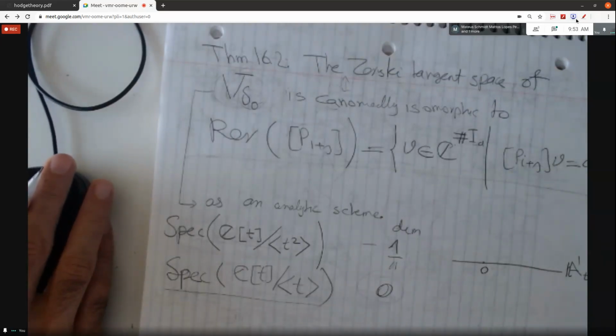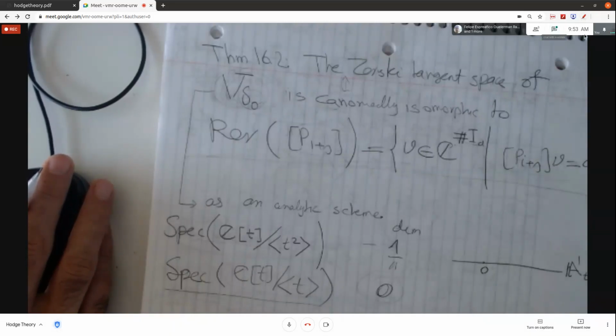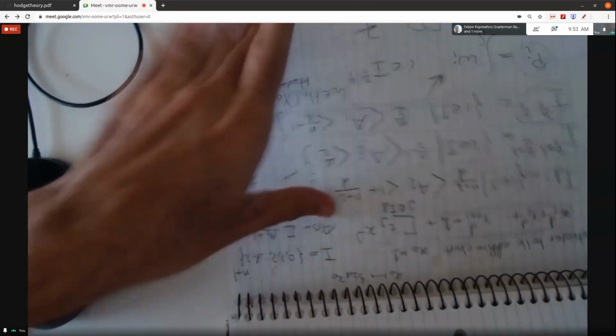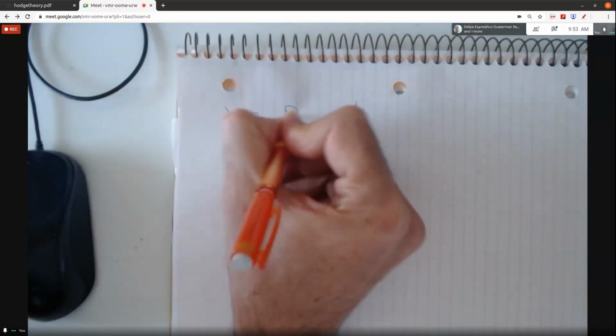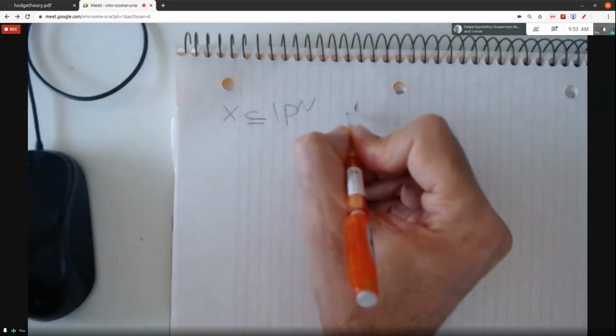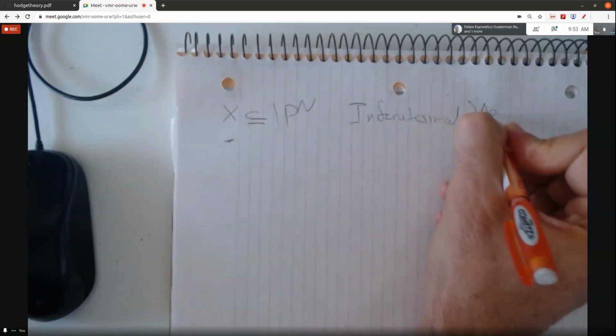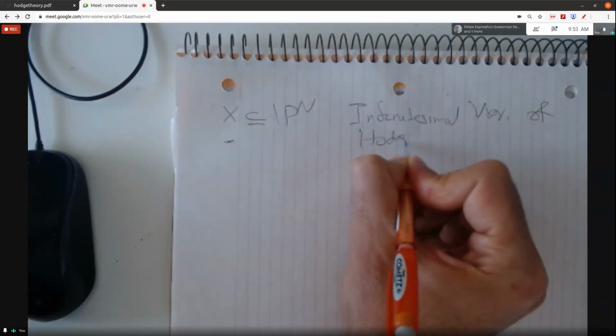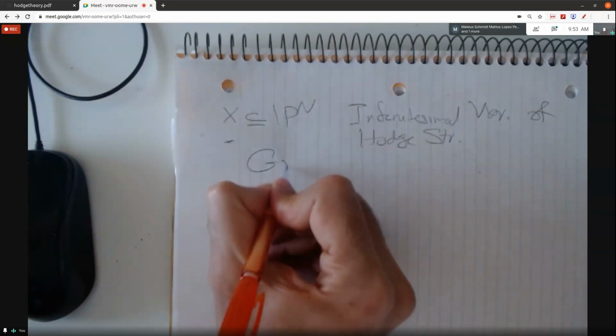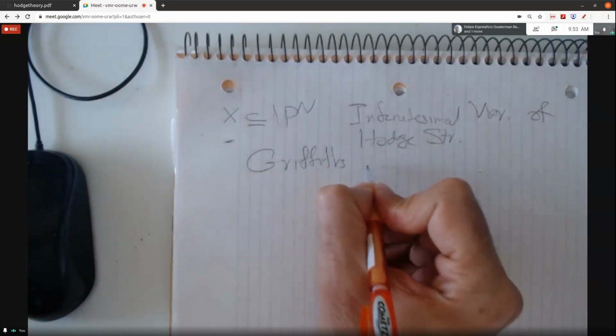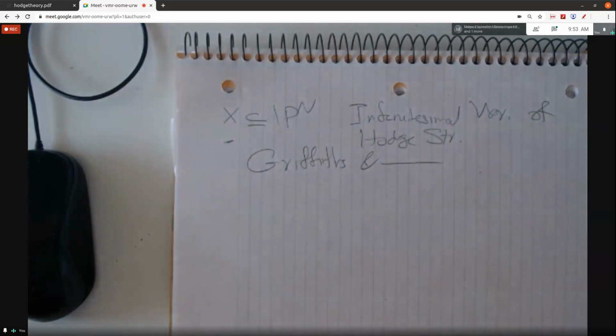let's maybe write this one. Okay. So all this story for arbitrary projective varieties is formulated under the name infinitesimal variation of Hodge structure, IVHS, due to Griffiths and his co-authors: Griffiths, Harris, Carlson, Green.